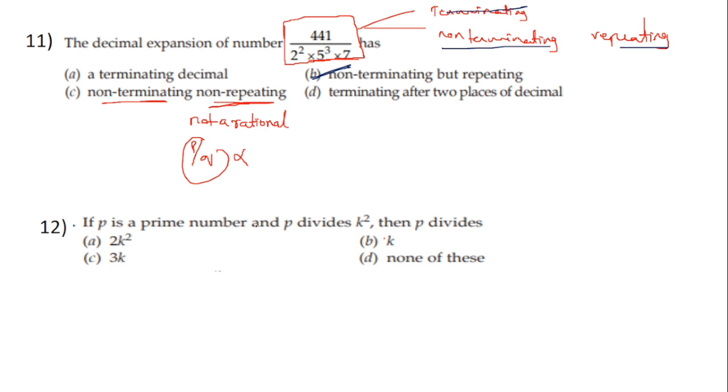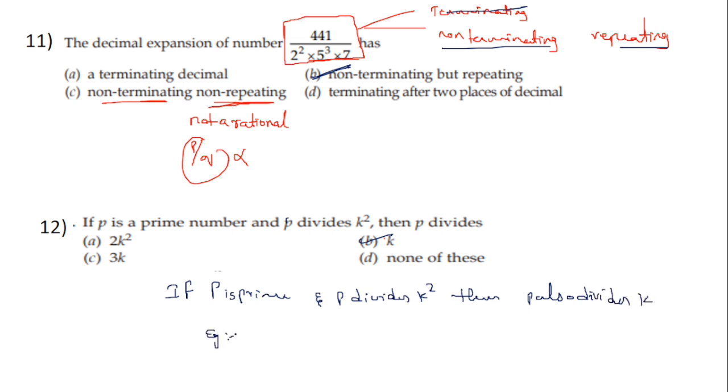If P is a prime number and P divides K square, then P divides K. We have a theorem. If P is prime and P divides K square, then P also divides K. Let us see an example.